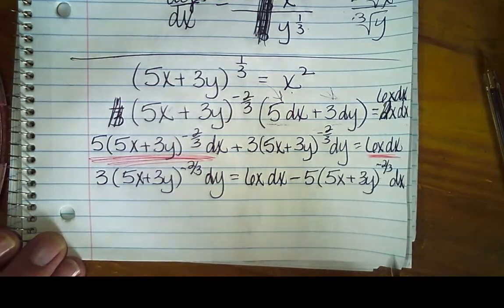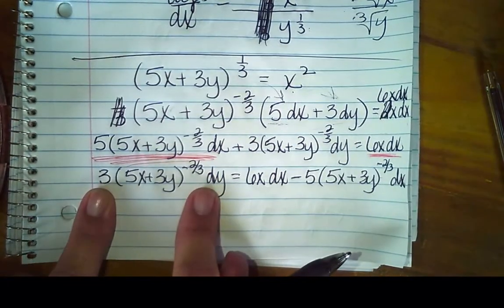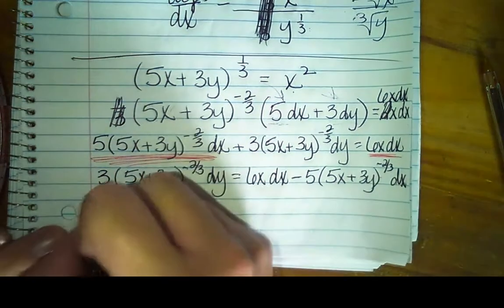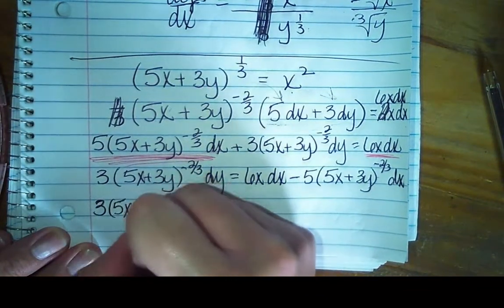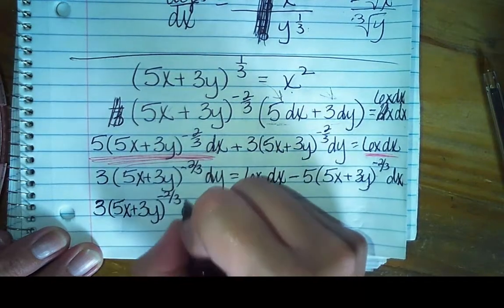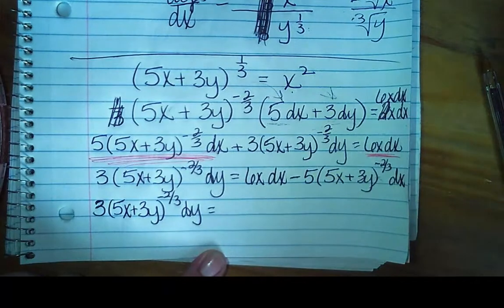So you can't combine these dx's. He's done. I can't do anything else with him. But I've got 2 dx's over here. So if you can't combine the like terms, factor it out. So I've got a (5x plus 3y) to the negative 2/3 dy equals, and I'm going to factor out this dx.